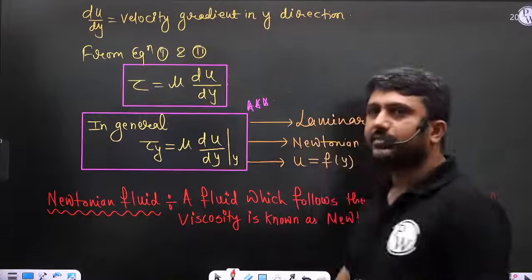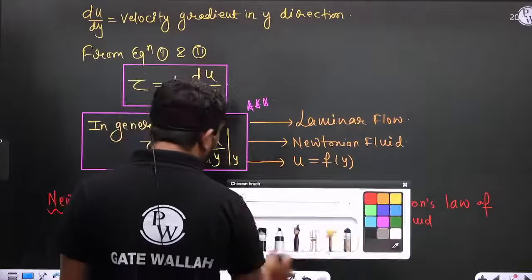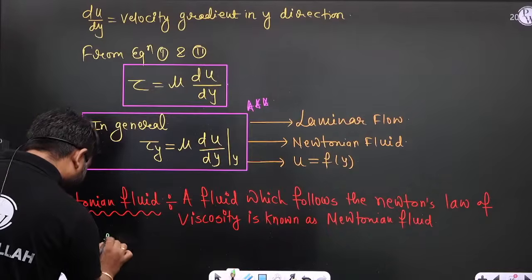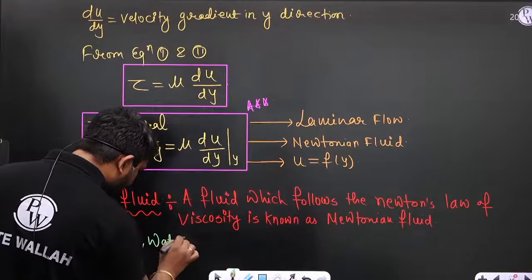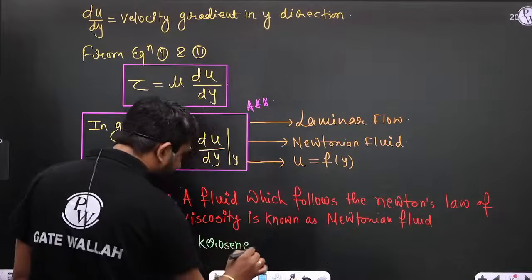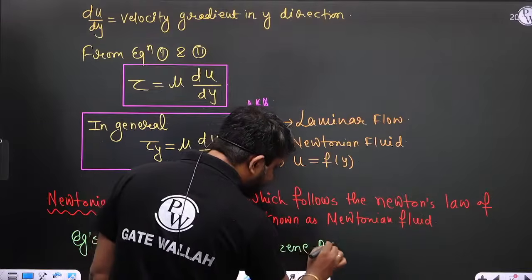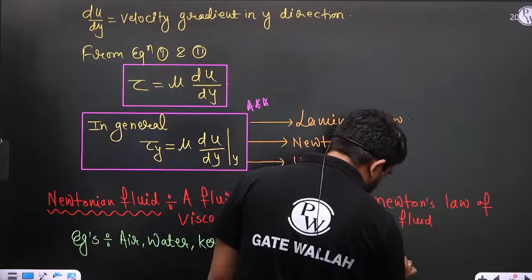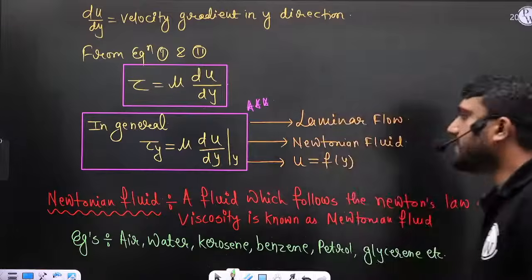Can you tell me some examples of Newtonian fluid? Examples: air, water, kerosene, benzene, petrol, glycerine, etc. These are some examples of Newtonian fluids.